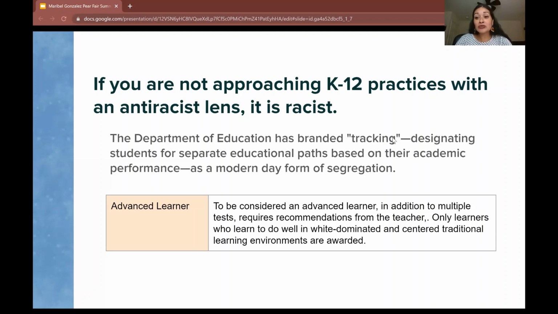Additionally, this speaks to white-centered and white-dominated traditional learning environments that privilege white wealthy students. And so in this system of tracking, students who are wealthy and white are more likely to do well.